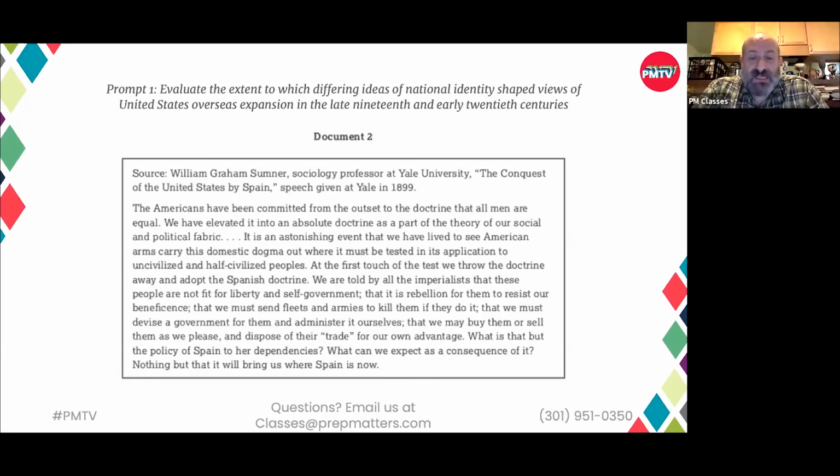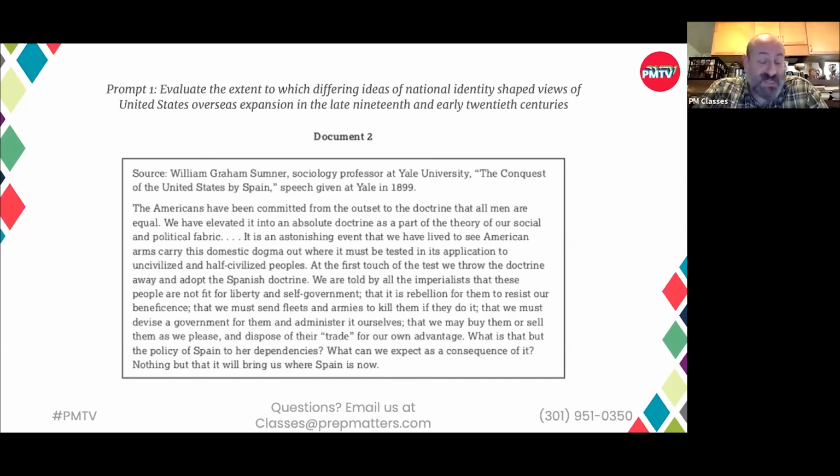I mean, basically, this is a speech that, on one hand, reinforces the racial ideologies of the day, the hierarchies of scientific racism, and the idea that the peoples of the Philippines are fundamentally different than Americans.